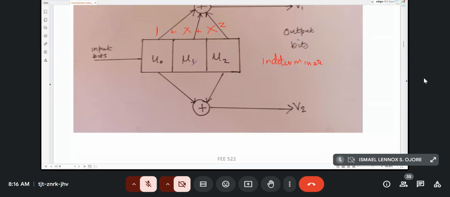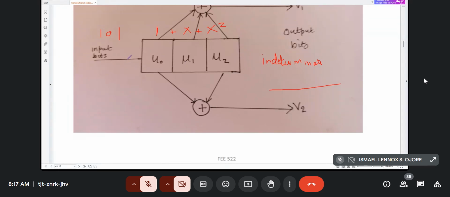So now, if you put in, for example, 1, 0, 1, what you're going to put out will be 6 bits of output, because each of these bits is represented by 2 bits.